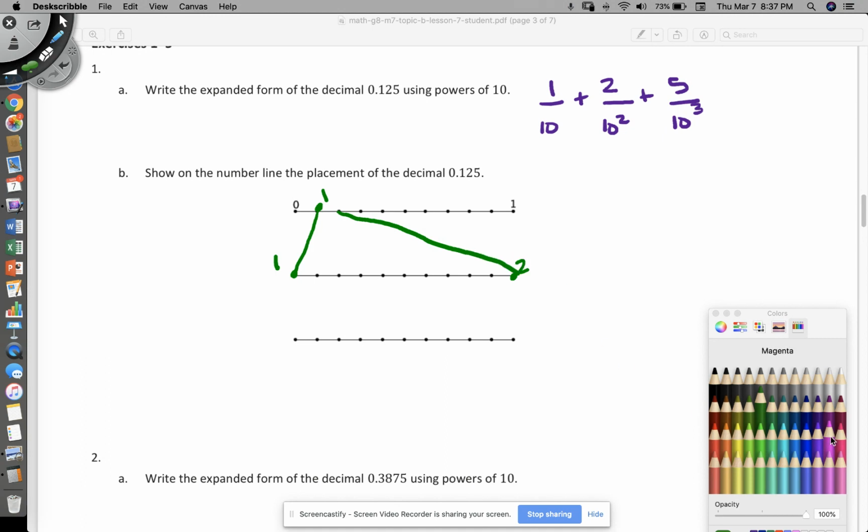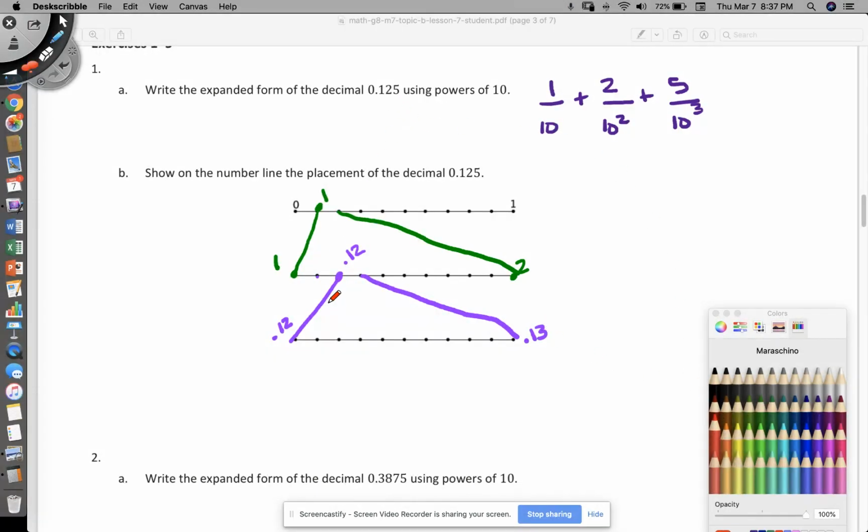Now my next number is 1, 2. So this is 0.11, 0.12. So we're going to say 0.12. Now 0.12 will be the beginning of this number line, and this being 0.13 will be the end of that number line.